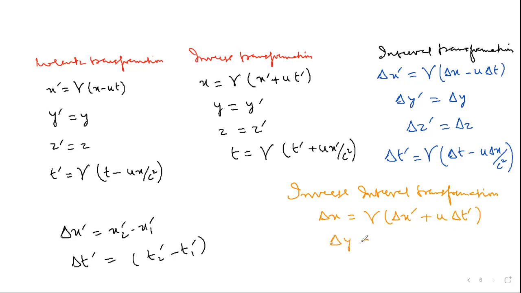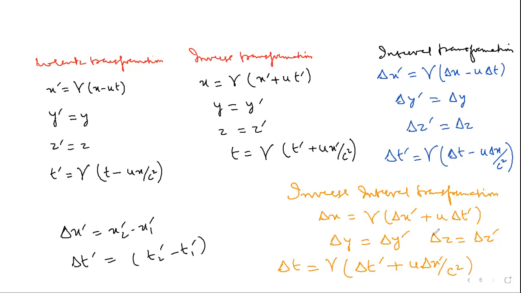Delta y is delta y prime. Delta z is delta z prime. Delta t is gamma times delta t prime plus u delta x prime over c square. Let me check them.